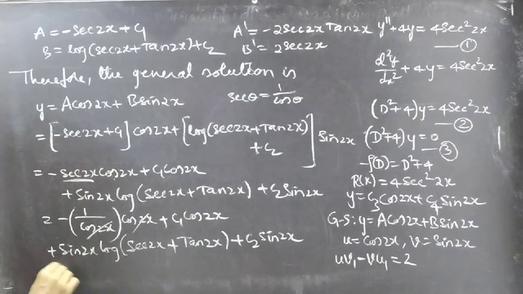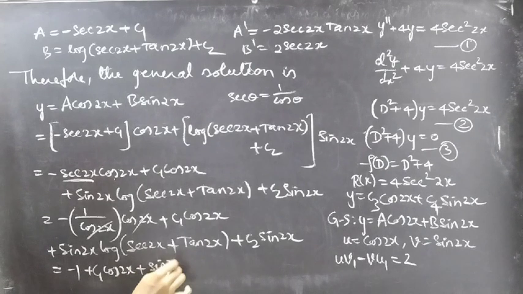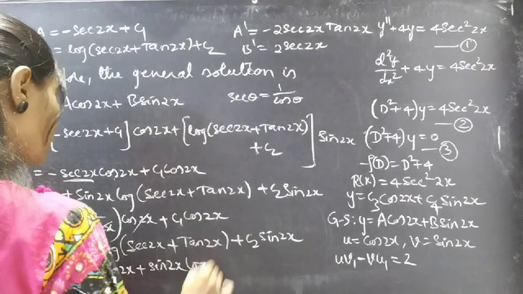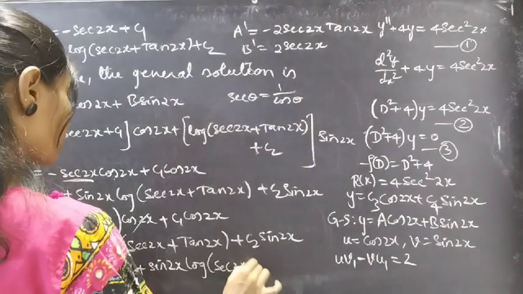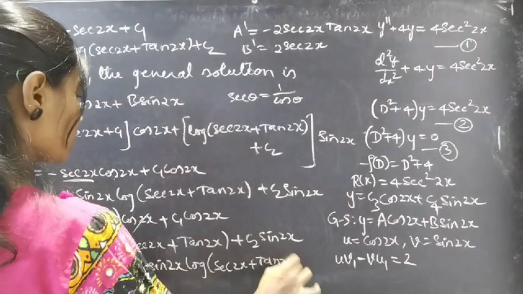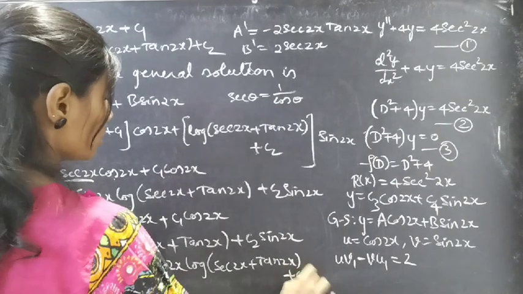Cos 2x gets cancelled, you get minus 1 plus c1 cos 2x plus sin 2x log of secant 2x plus tan 2x plus c2 sin 2x.